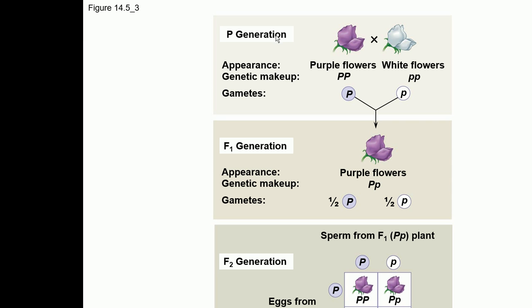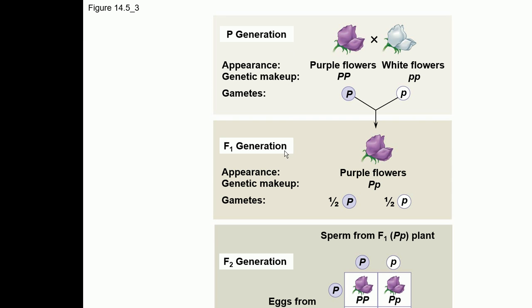So this plant is going to make all gametes having the allele capital P. In this plant, all the gametes will have the allele small p. And when one gamete fertilizes the other gamete, in the next generation, which is the F1 generation, all the plants formed will be purple because the genotype is going to be capital P and small p. And this is heterozygous purple.